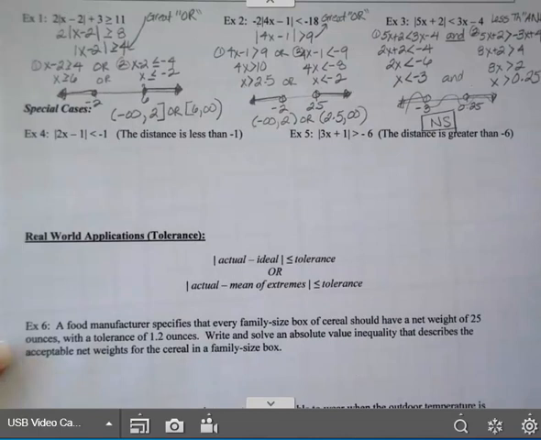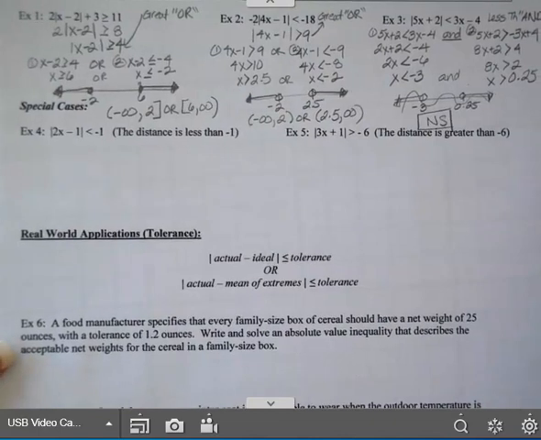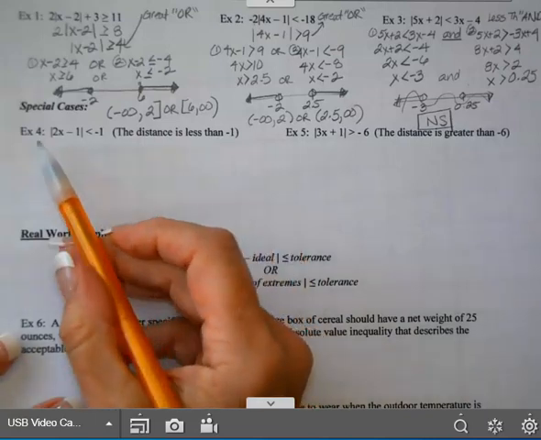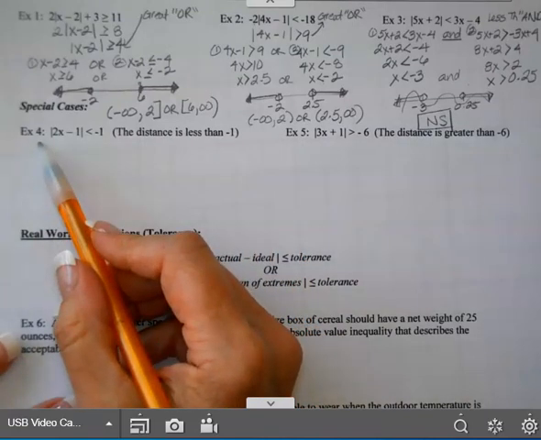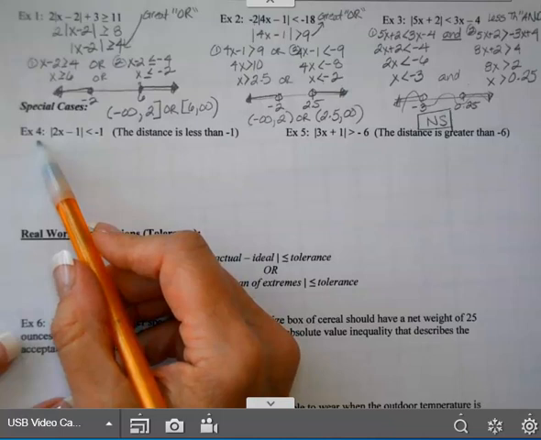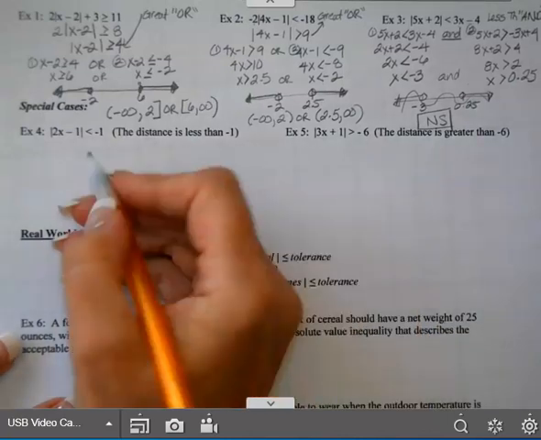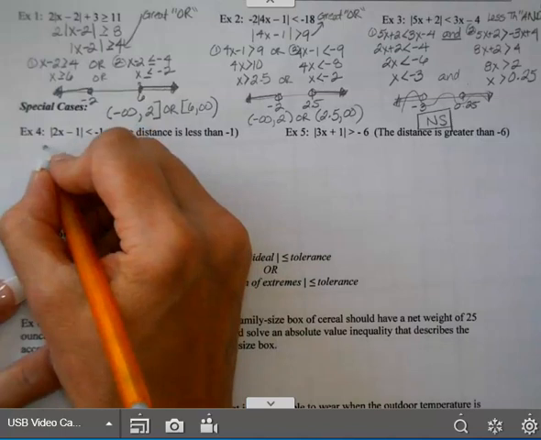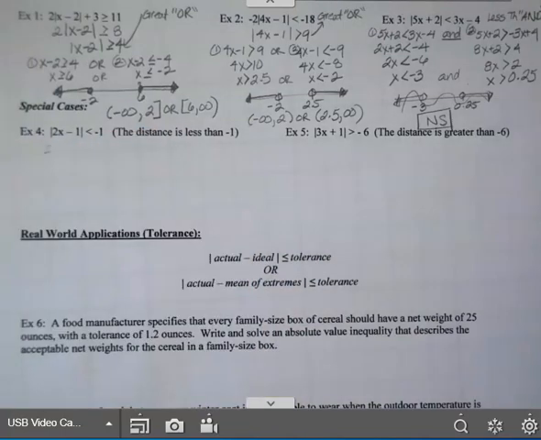We're going to look at some new stuff today, and that's the special cases. So we haven't talked about these yet. When I had the absolute value equal to a negative, there was no solution because distance has to be greater than 0. So on this one, the absolute value here, the smallest this could be is 0.